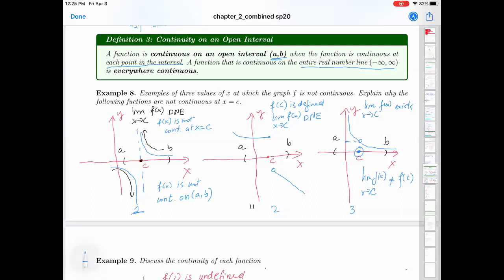So again, f of x is not continuous at x equals c, and also not continuous on the open interval.